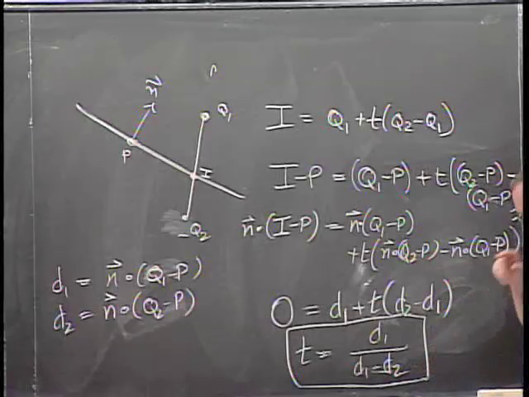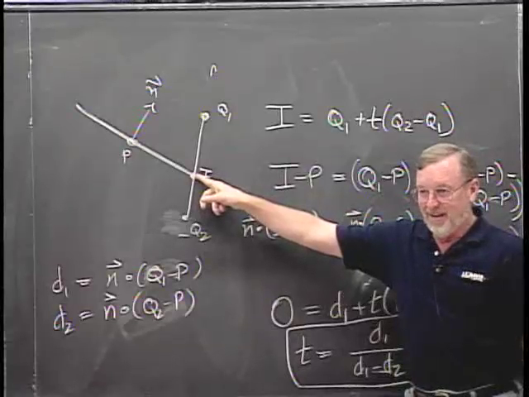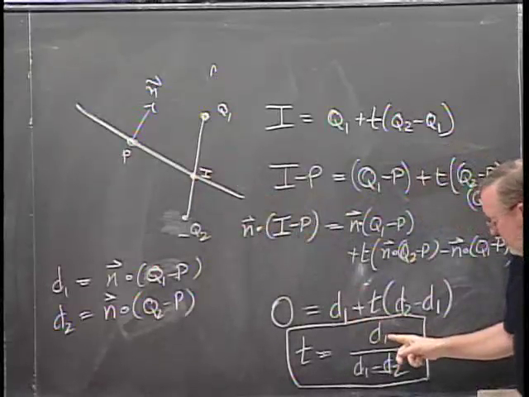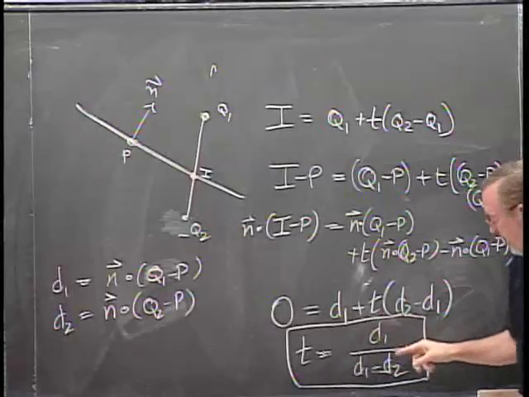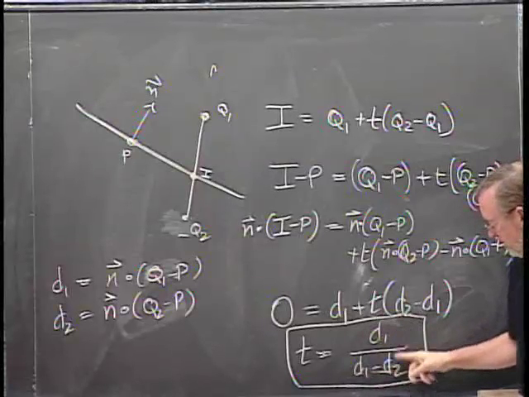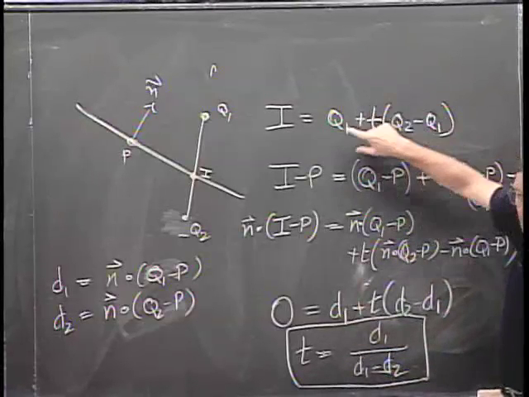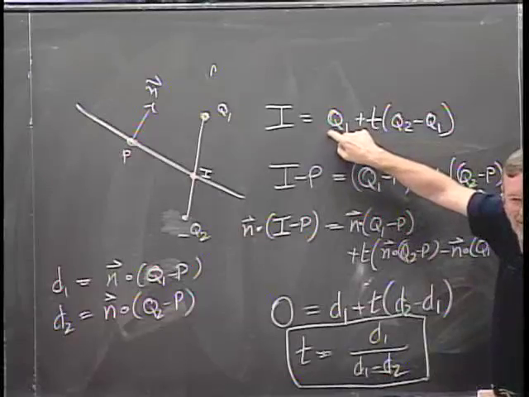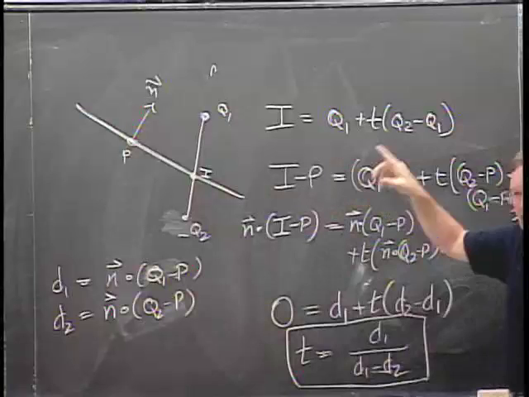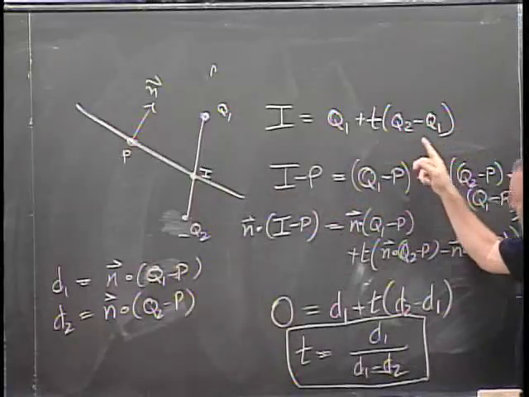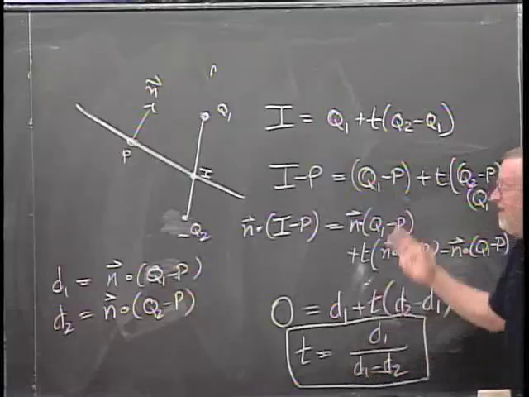If Q1 happened to be on the plane, then D1 would be 0, and so you would get 0 for T, and if T equals 0, you get Q1, which makes sense. Q1 would be the point. What happens if Q2 is on the plane? Then D2 is 0. You get D1 over D1, that's 1, right?